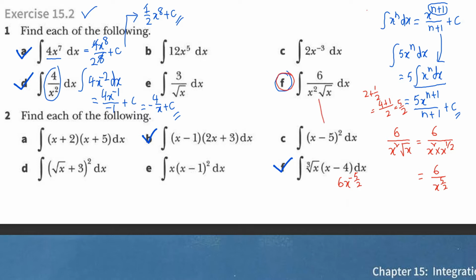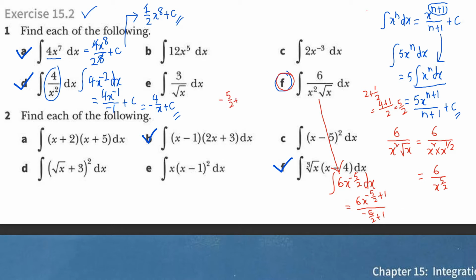We are doing the question number F. Simplification part. From here, if we simplify, it gives us this result. Now let me apply integration. The rule of integration we know. We needed to add with the power plus 1, minus 5 by 2 plus 1, divided by same thing you need to write below, minus 5 by 2 plus 1. So let me see what is the value coming out from minus 5 by 2 plus 1.